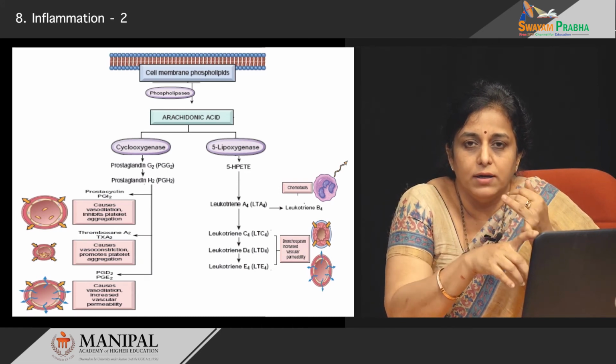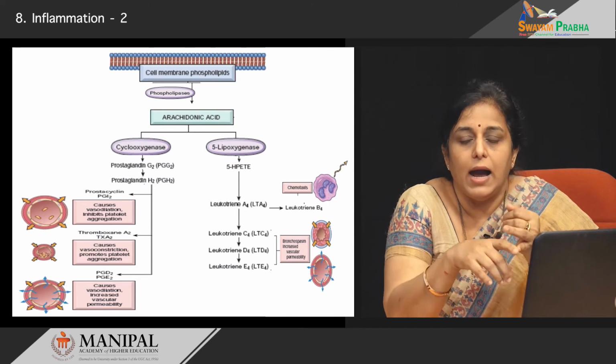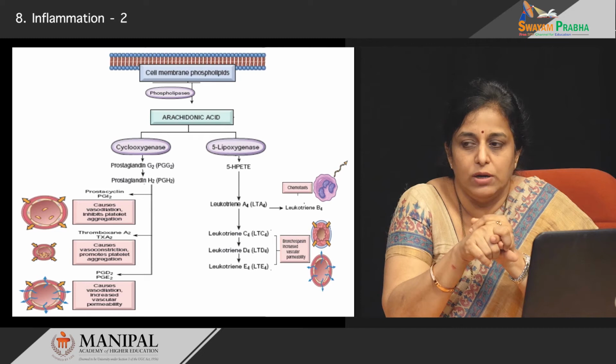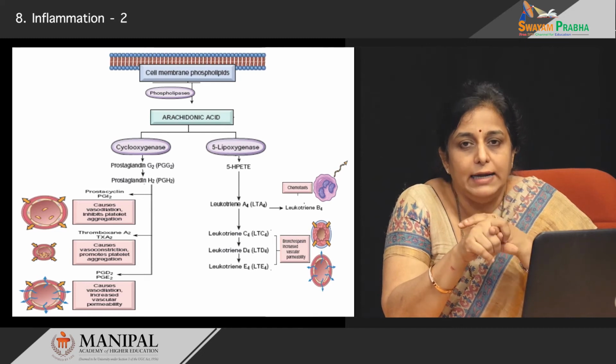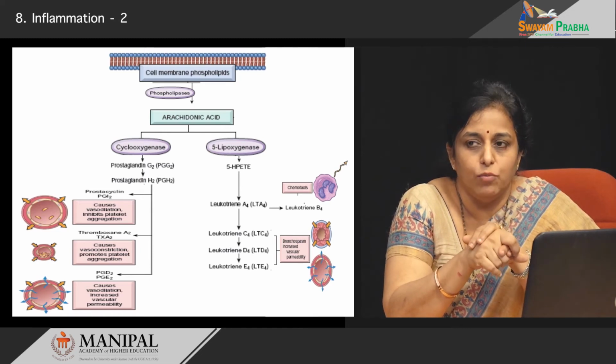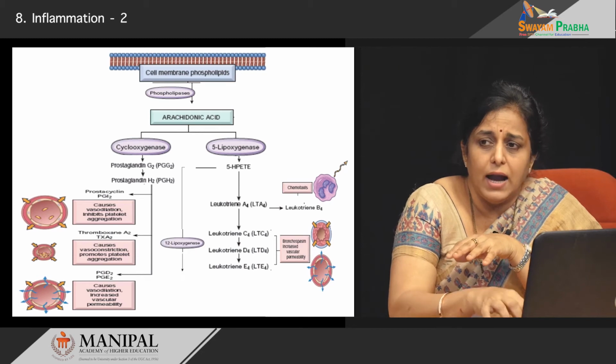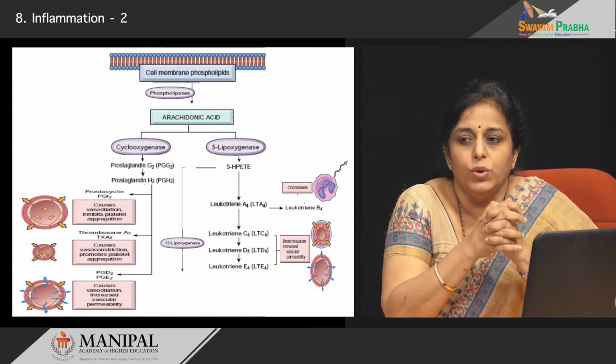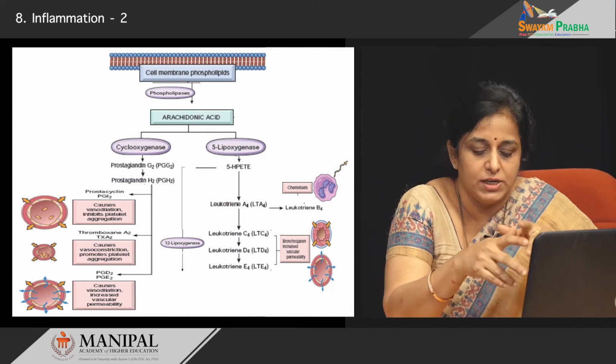So, we learn here that PGD2 and E2 and leukotriene C4, D4 and E4 result in increased vascular permeability, while LTB4 causes chemotaxis.